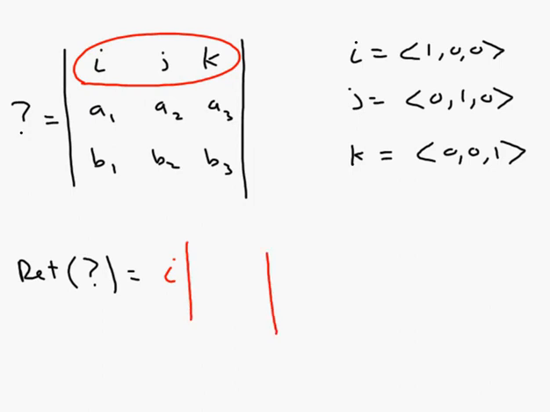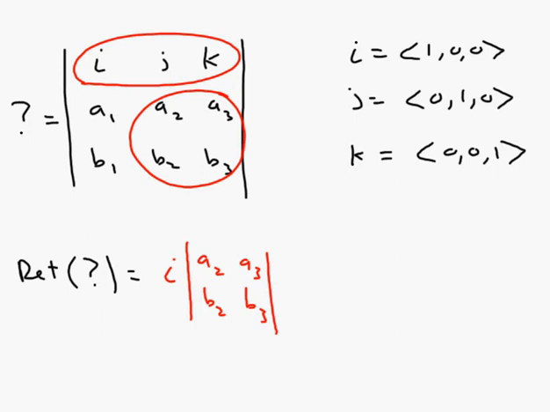The minor of I, crossing out the first row and first column, would be A2, A3, B2, B3. Some of you might see this already, but if not, you're going to see something very pretty in a moment.